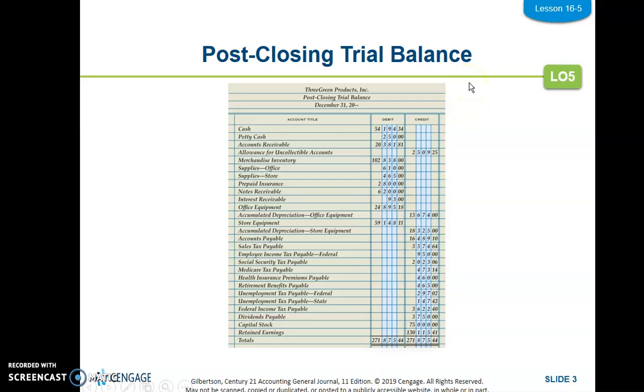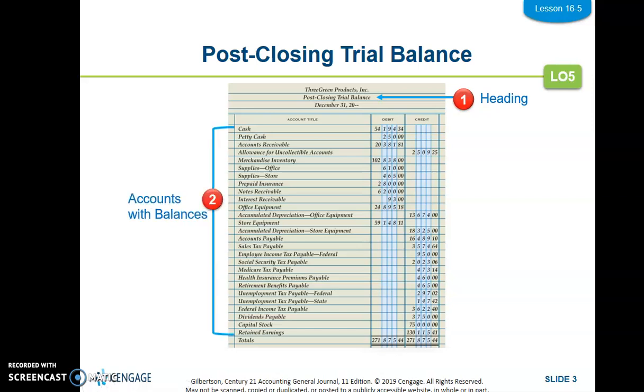Let's take a look at what types of accounts are on this document: the accounts with balances. If you remember earlier in this chapter, we dealt with the temporary accounts, which were all of your expenses and revenue. Those have all been zeroed out. They no longer have any balances.